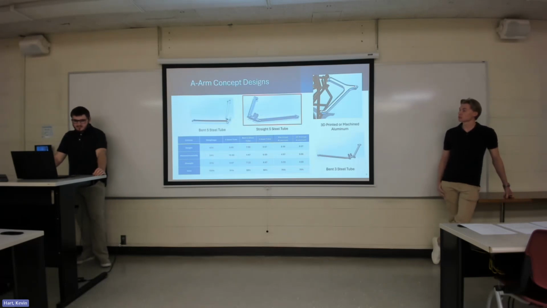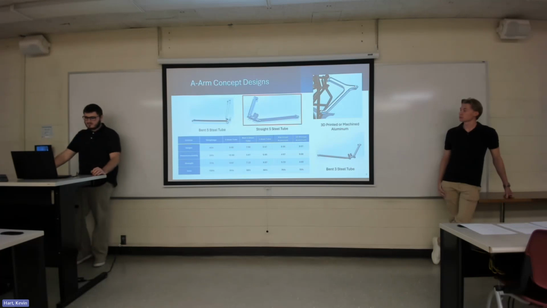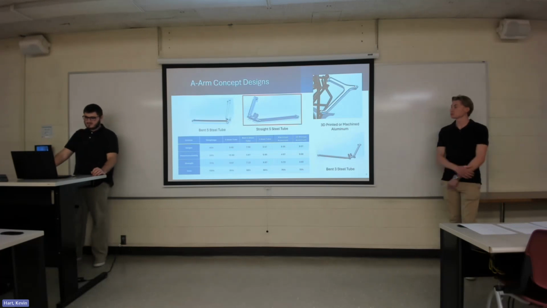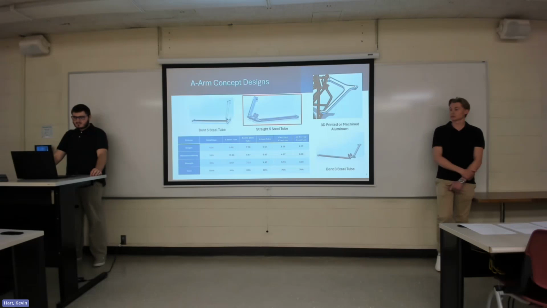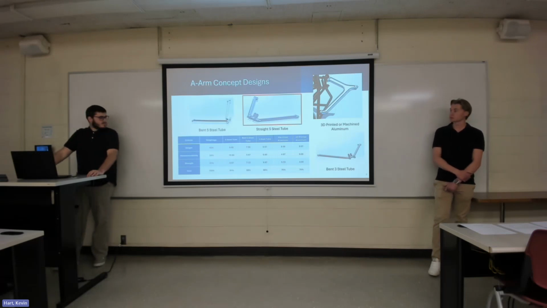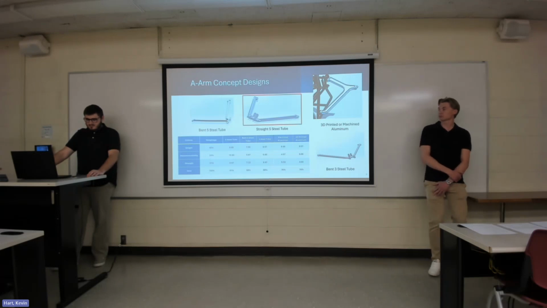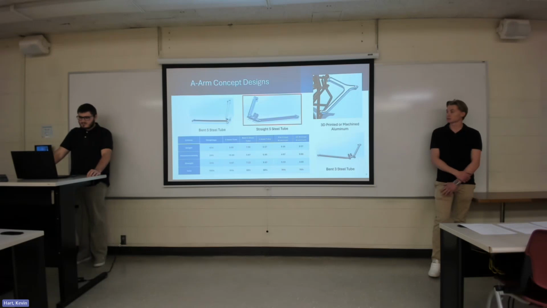Weight was our most important criteria because that's one of our objectives of reducing the weight of the suspension system. The 3D printed aluminum one scored the highest because of the freedom of optimization. We can do any geometry we want with that. We can make it have optimized strength to weight.